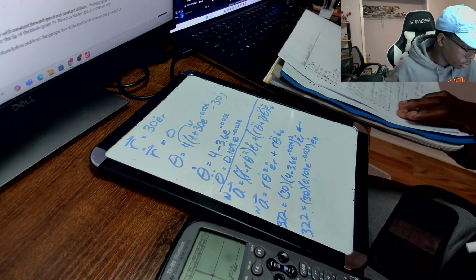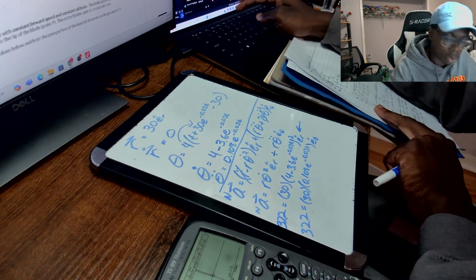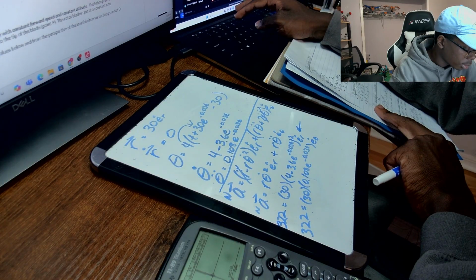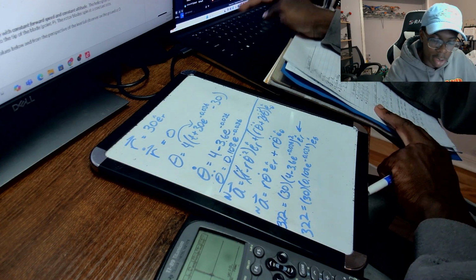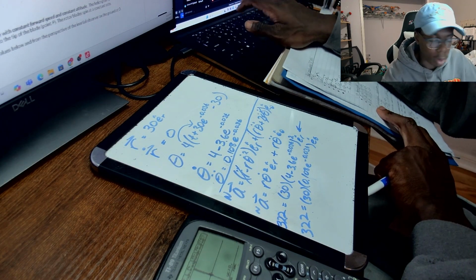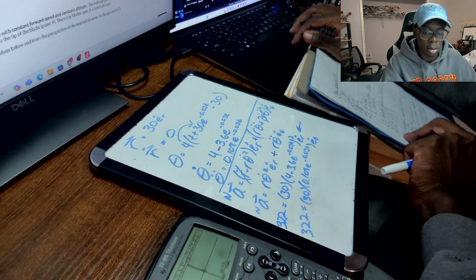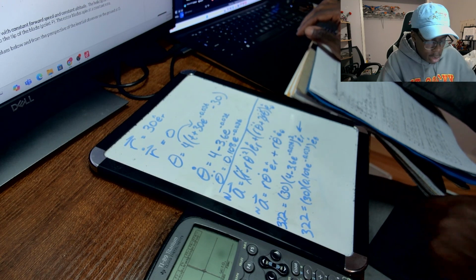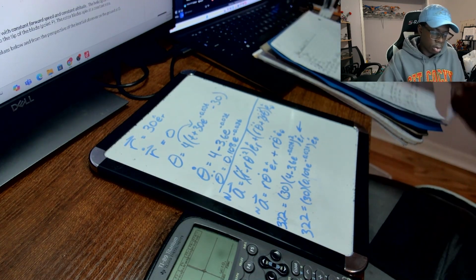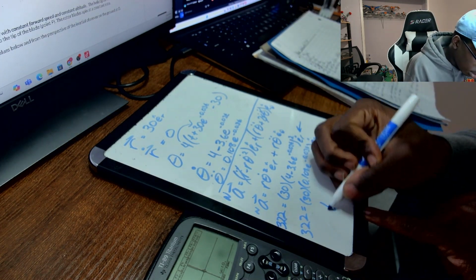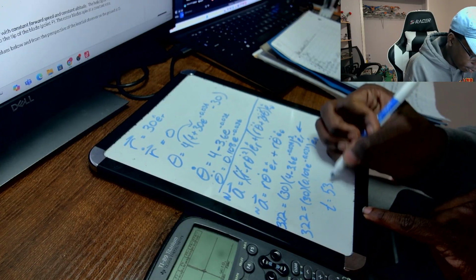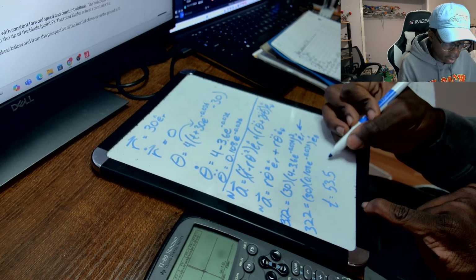So what we got was 53.4714 seconds. So we'll put 53.5 seconds. That's what we get as our time. So we'll say t equals 53.5 seconds.